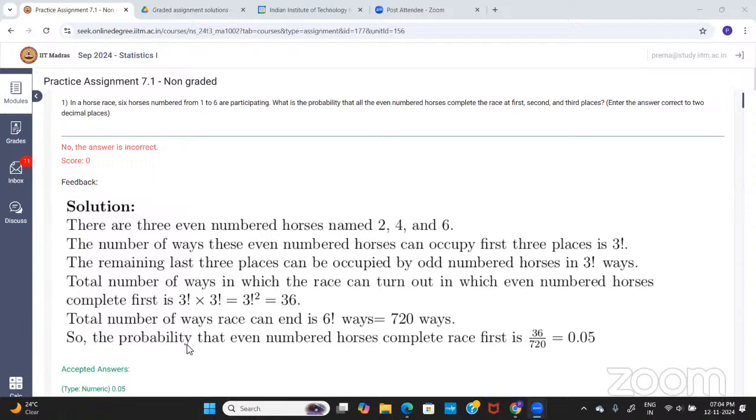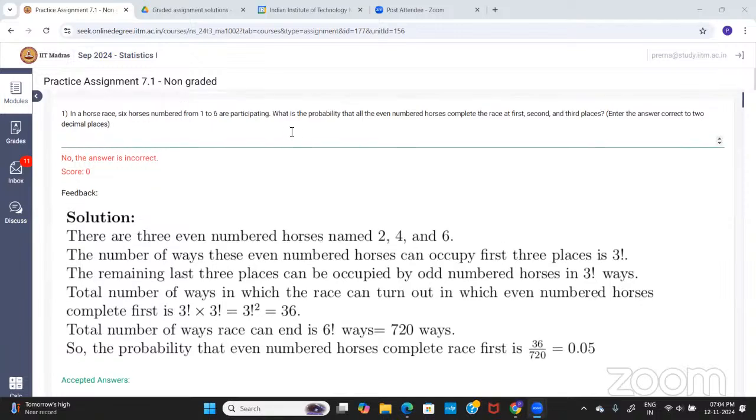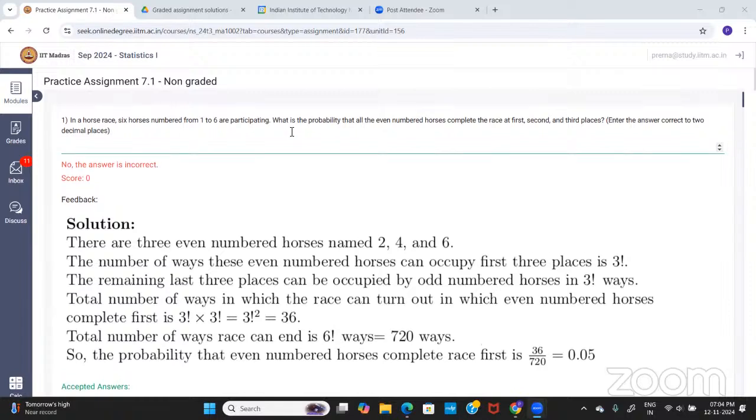For the third position, 1 even number is left and 4 overall. So 3 by 6 into 2 by 5 into 1 by 4 is 6 by 120, and the answer is 0.05. Is this correct? Then that will also be correct, because there is a first, second, and third horse.